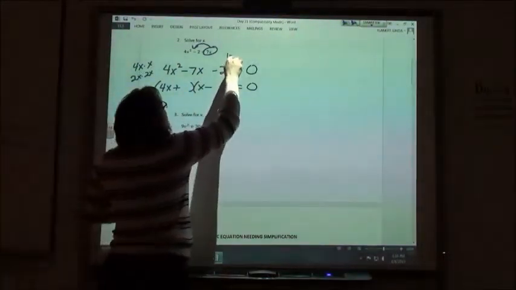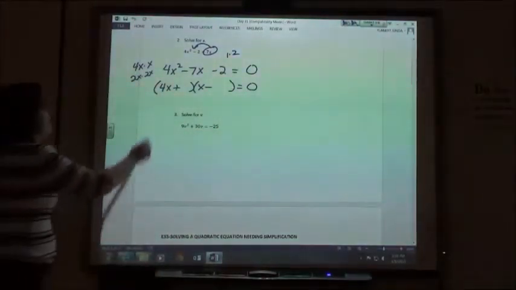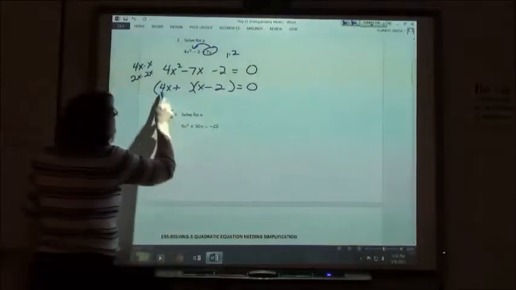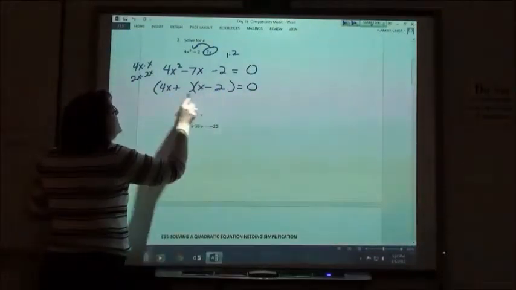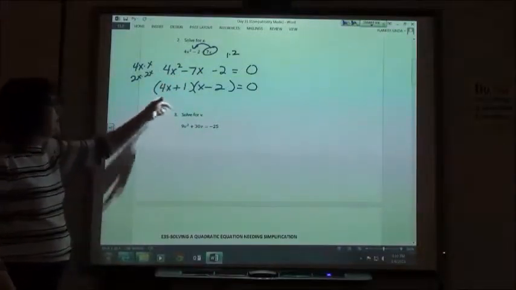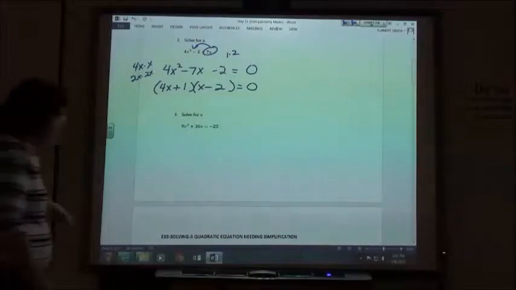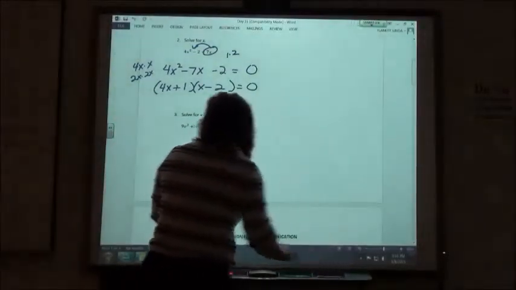Factors of 2. 1 times 2. I want to get a minus 7. So if I take 4 times 2, 4 times minus 2 is minus 8, plus my 1, negative 8 plus 1 is negative 7, and I've got it factored out. I'm then going to set each of my factors equal to 0.